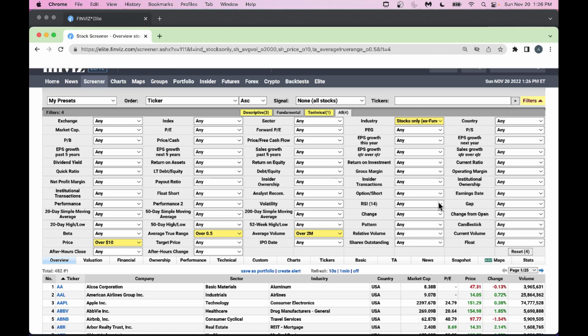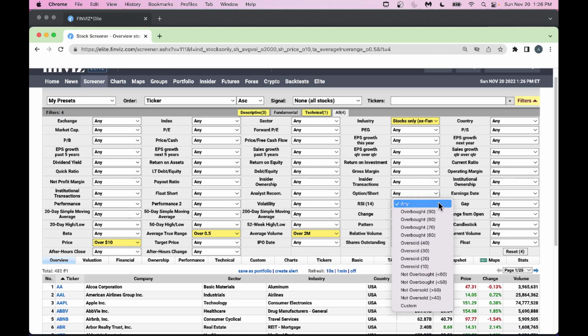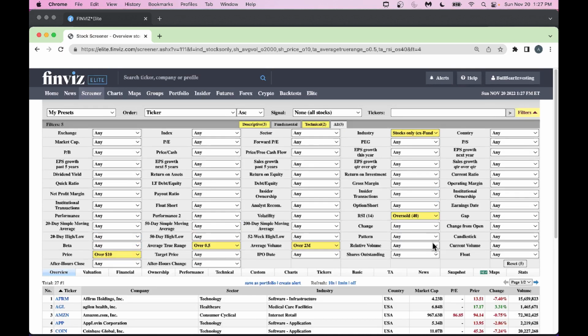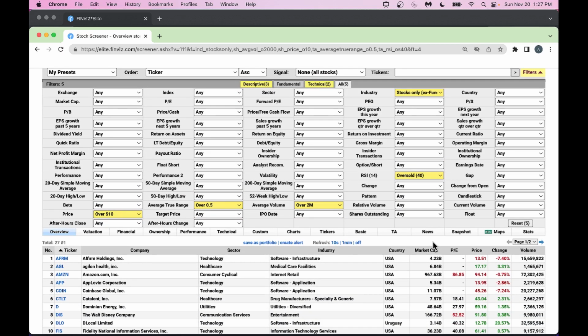So typically I go to RSI 14 here. I typically look at oversold. I go into oversold 40 here. That's a good strategy. I want to look at stocks which are oversold and especially make sure they're good, and buy them. Look, the moment I do this, now we are back to 27 stocks, which is a very good list here. Just 27 stocks here.